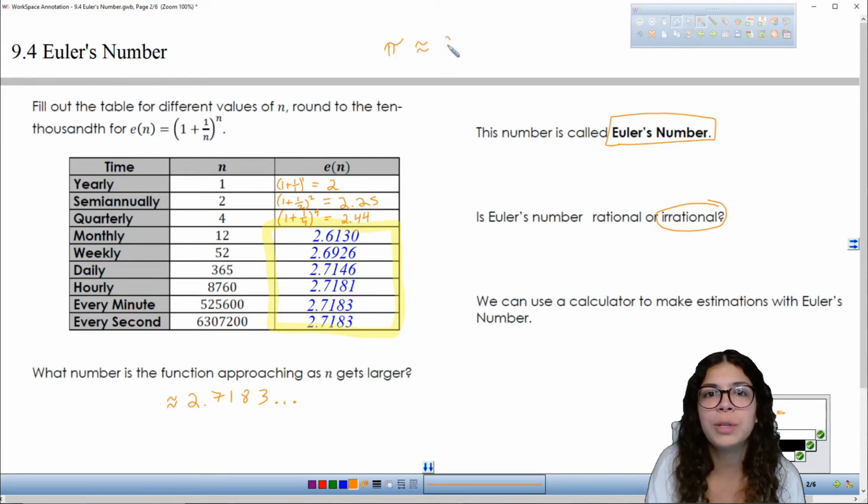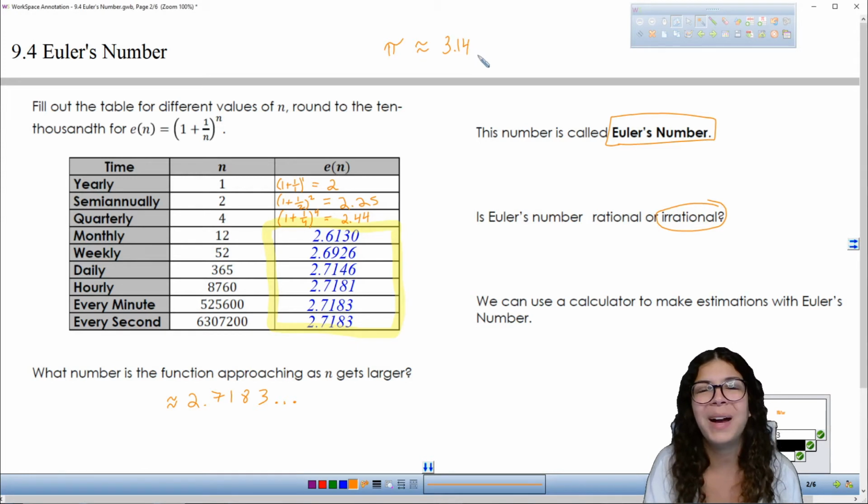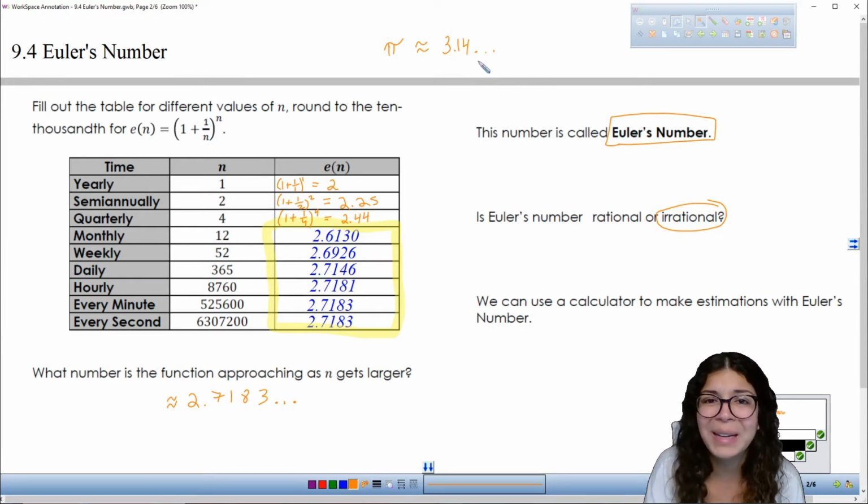So usually we use about 3.14 to represent pi, but it has way more numbers than that, right? The amount of numbers in the back are forever continuing and not terminating. And Euler's number is the same in that way. It is an irrational number.